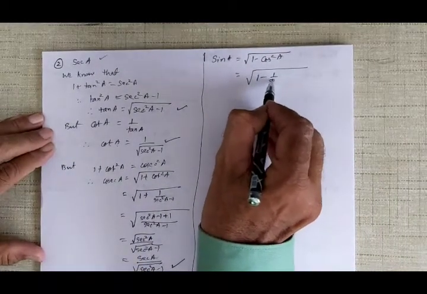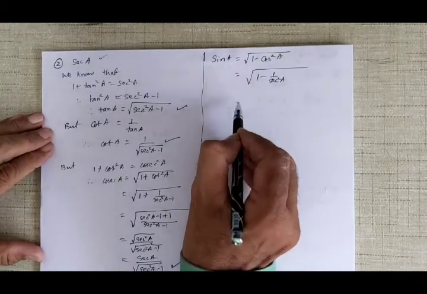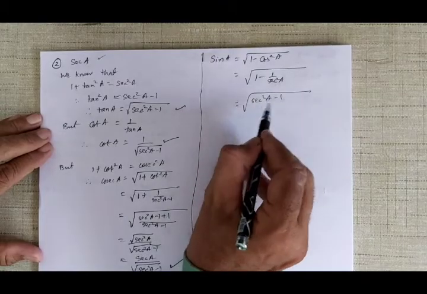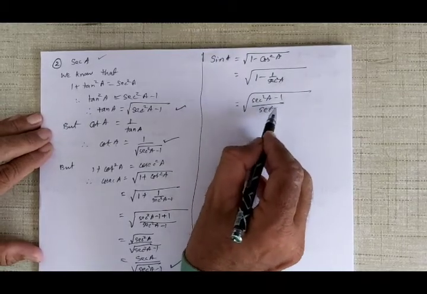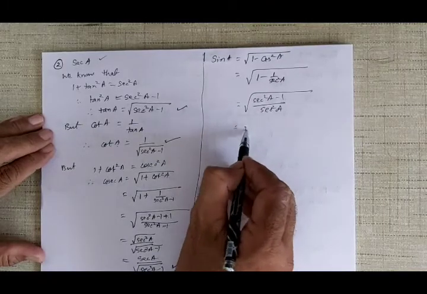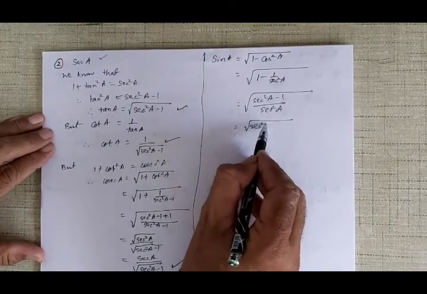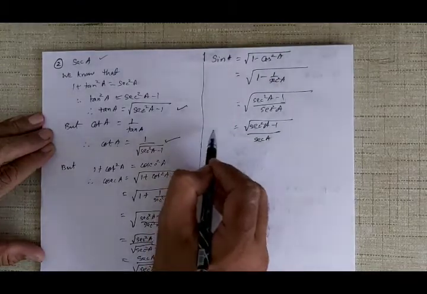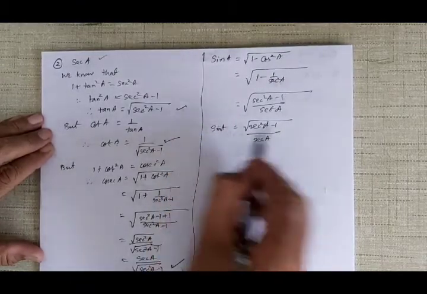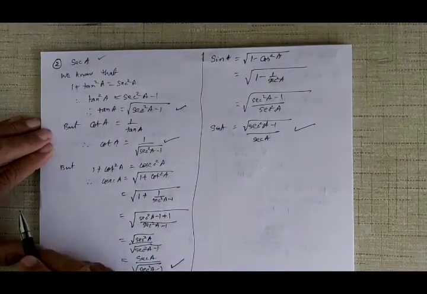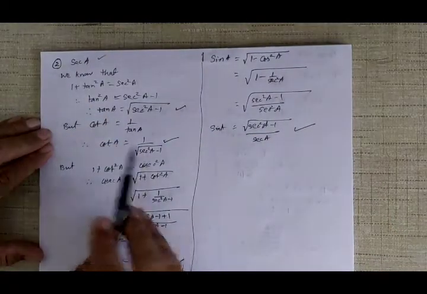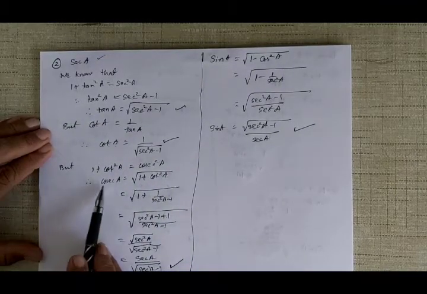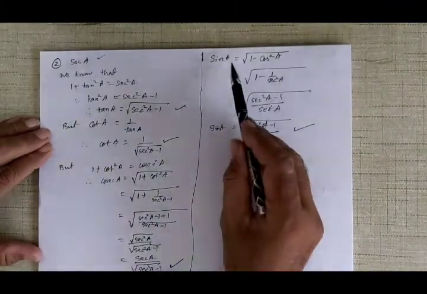So 1 upon sec square A. So I get sec square A minus 1 upon sec square A. That is equal to square root of sec square A minus 1 upon sec A. This is sin A. So now I have got sin A in terms of sec also. Sec A as it is, tan A, cot A, cosec A in terms of sec A, and now sin A.